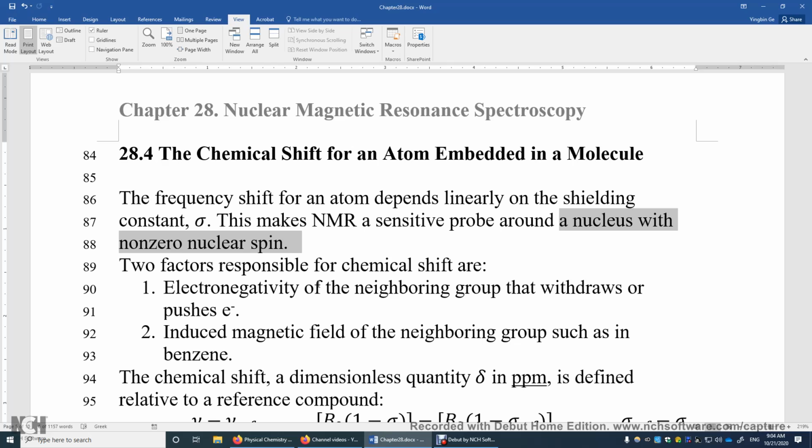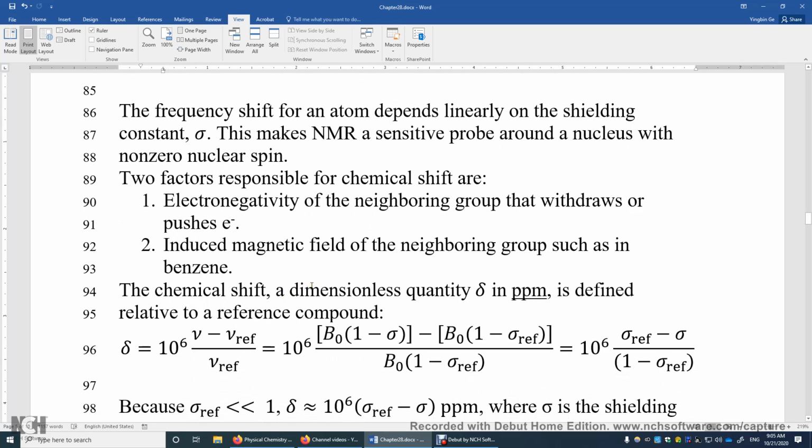So you have a smaller induced magnetic moment. So this is pretty simple, and also you may have the induced magnetic field of neighboring groups such as benzene or some other conjugated network that may affect the distribution of electron density. So the most important factors are these two.